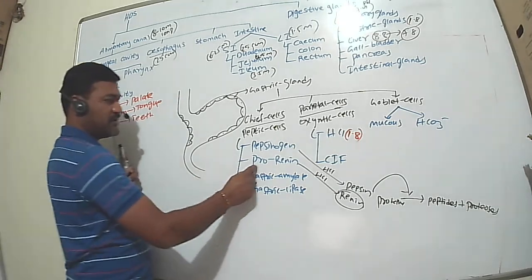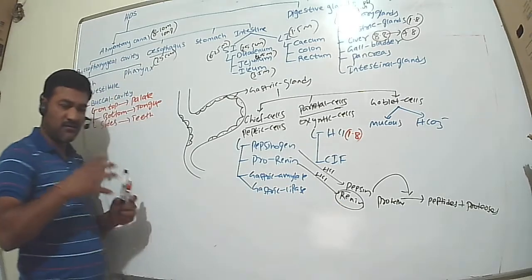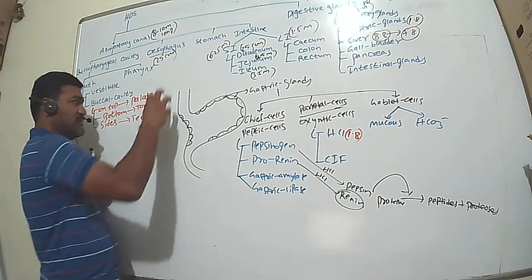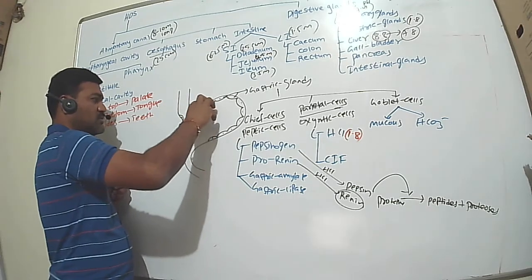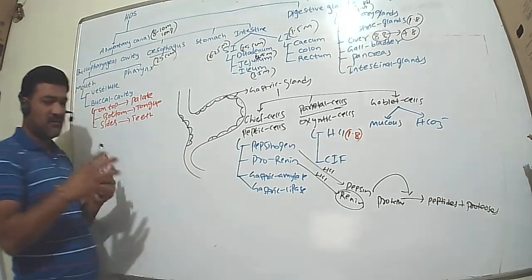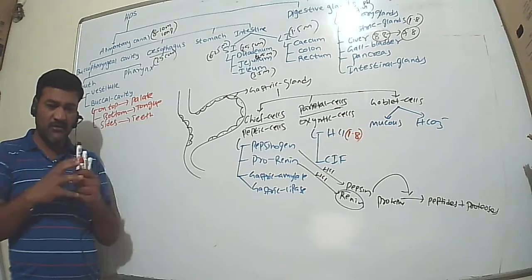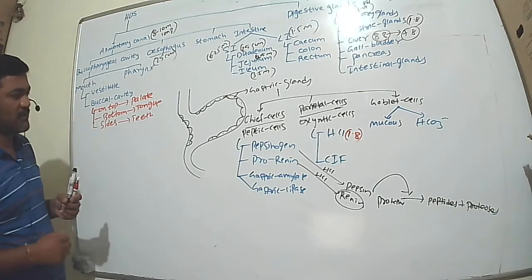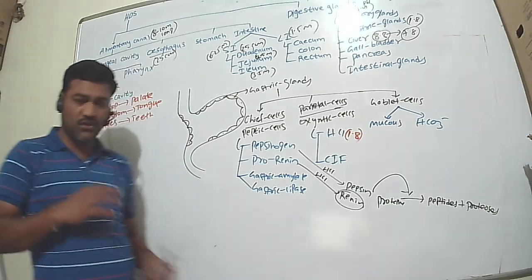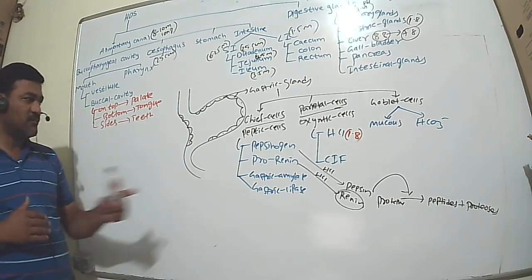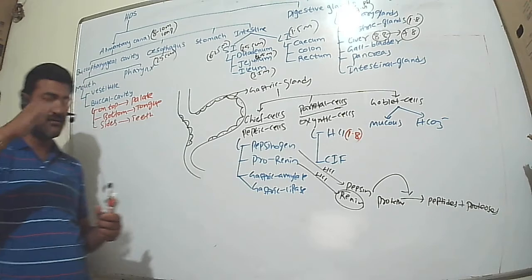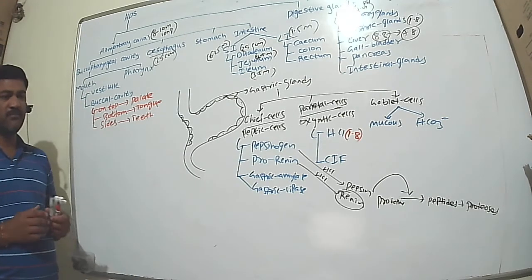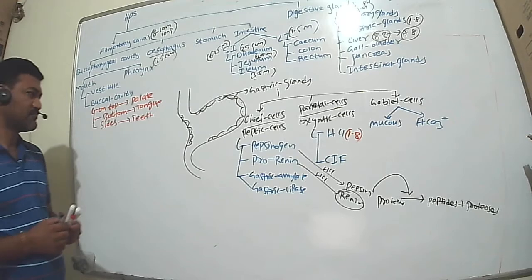But when prorenin is converted to renin, this renin will coagulate the milk into a semi-solid form, and when the milk is in a semi-solid form, it will slowly pass through the stomach, and all the benefits from that milk can be obtained, like all the calcium, all the proteins, all the fat, everything can be absorbed properly. So renin helps in coagulation of milk, but the amount of prorenin release will gradually decrease after 3 or 4 years of age, and finally stop by 6 years of age.